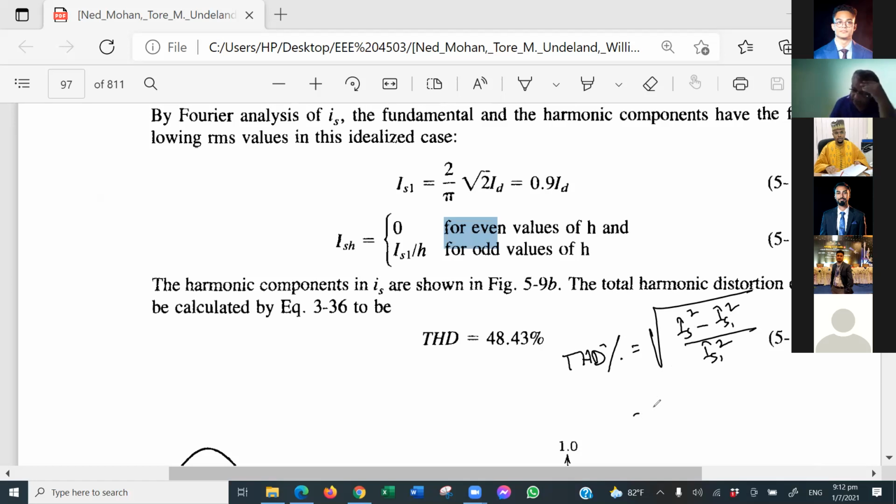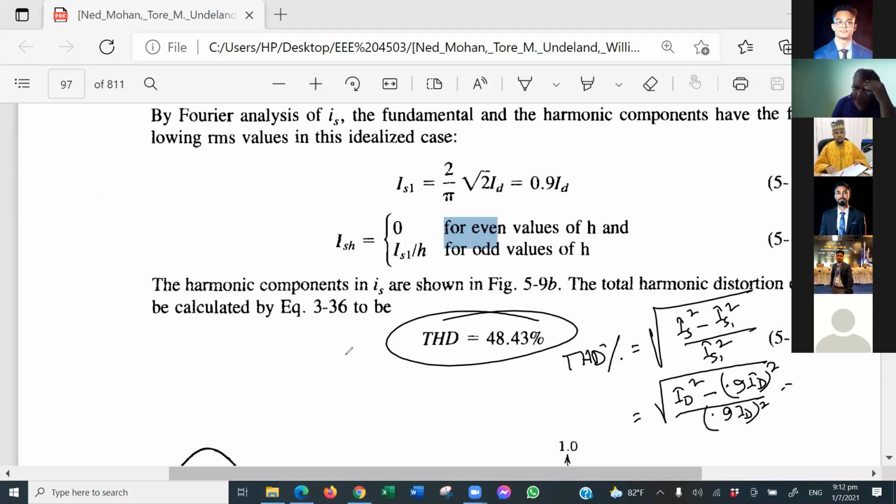Yes. So that we have already found. This is your ID squared, and this is 0.9 ID squared, and it will be 0.9 ID squared. If you do it, it will come to 48.43%. What is the physical interpretation of this? It is 48.43%.